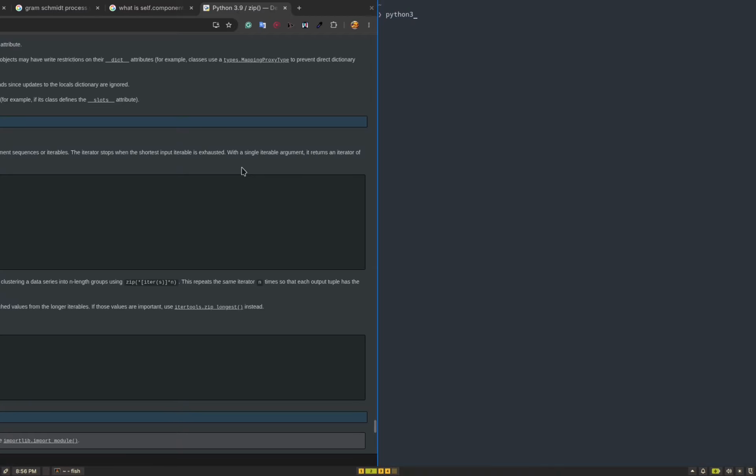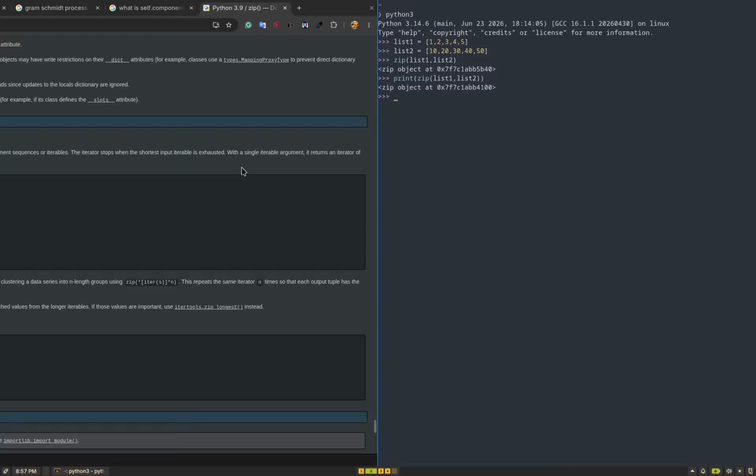In Python 3, let's say our list1 is equal to 1, 2, 3, 4, 5, and list2 is equal to 10, 20, 30, 40, and 50. Then I do zip list1 and list2. Okay, I should do print zip list1 and list2.